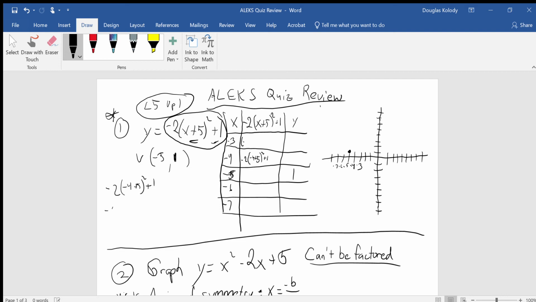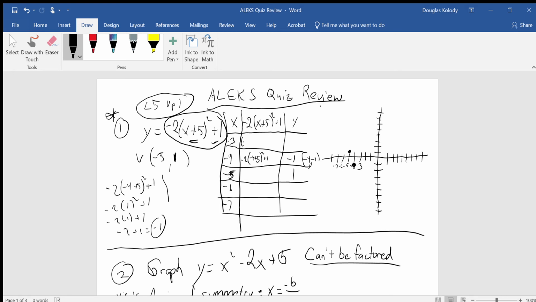So we've got -2 times 1 squared plus 1. So that's -2 times 1 plus 1, which is -2 plus 1, which is -1. There we go. All right. So -4 comma -1. So let me plot that. -4 comma -1 right there.